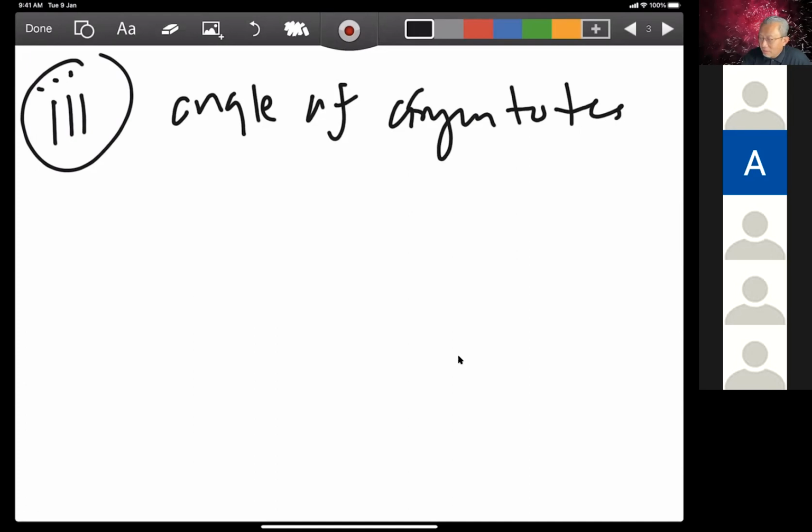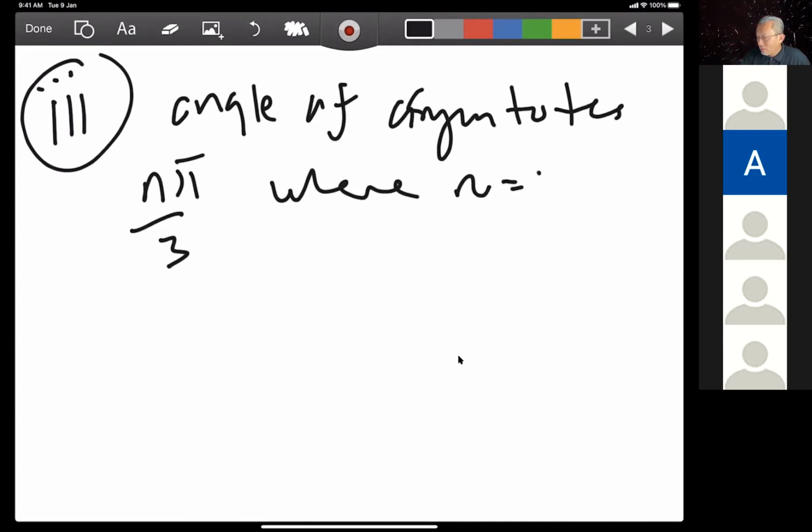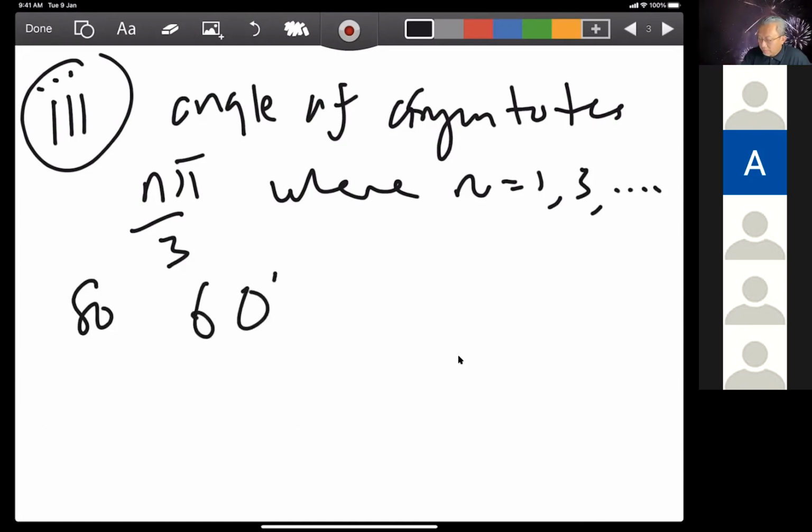So the angle is n pi divided by 3, where n is 1, 3, and so on. So by using the formula, you will get 60 degrees, 180 degrees, and 300 degrees.